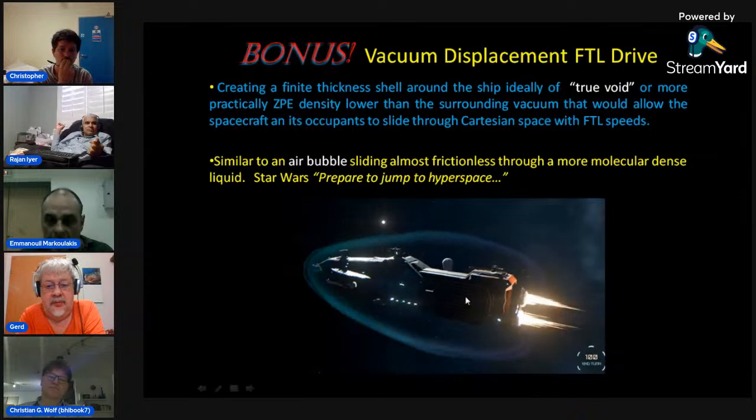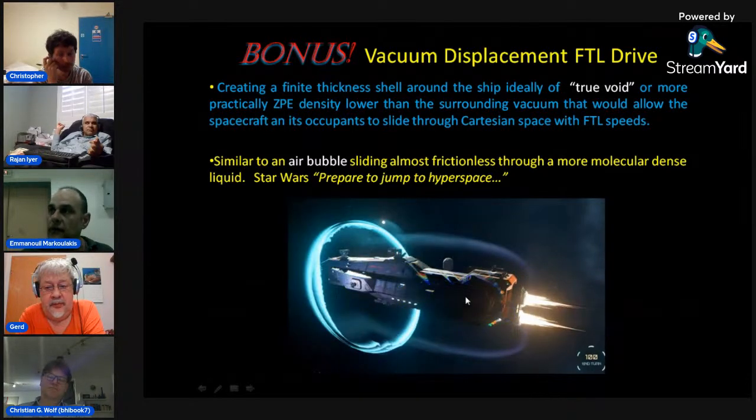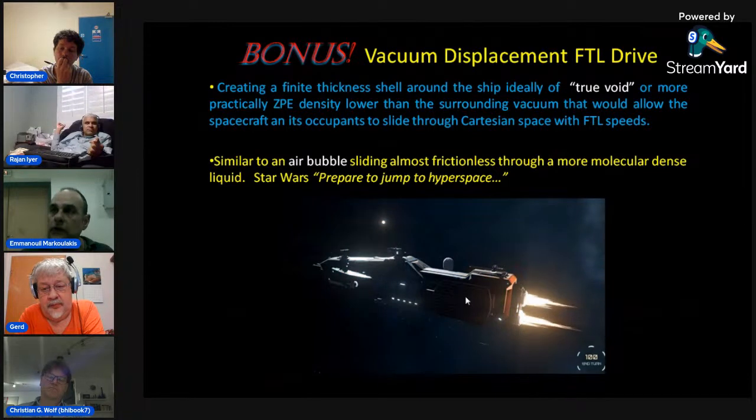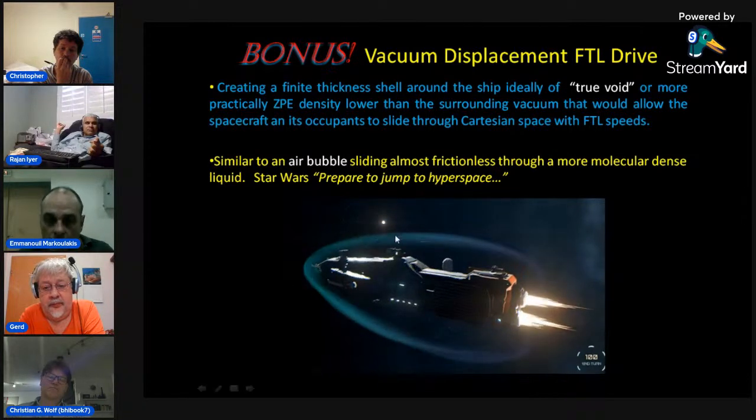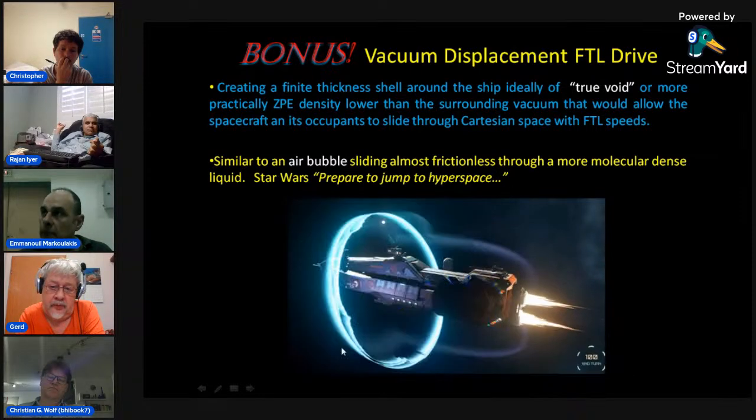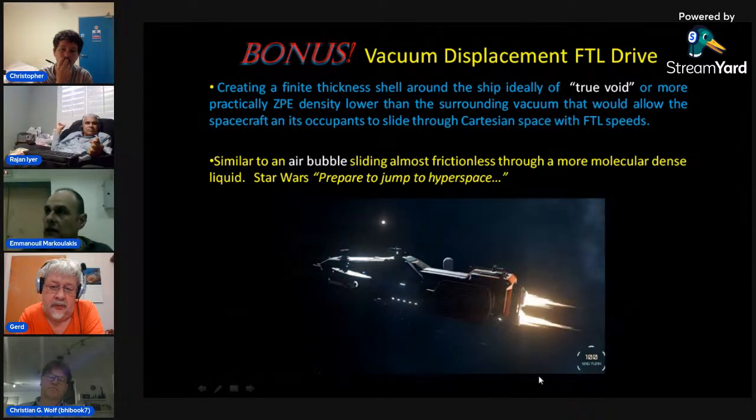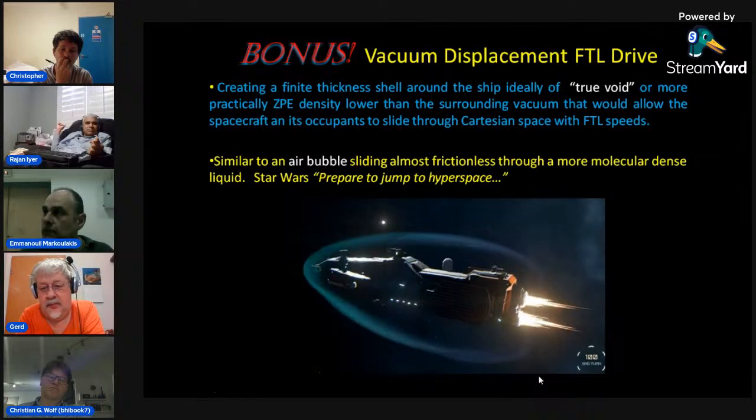So the people inside will be protected and have a normal environment. They will also be protected from inertia, because the bubble is isolated from the surrounding inertia of space, and you will not be killed by inertia.